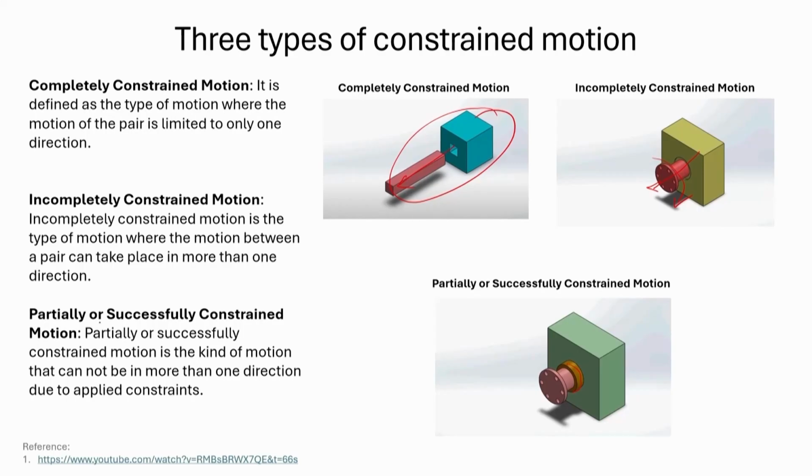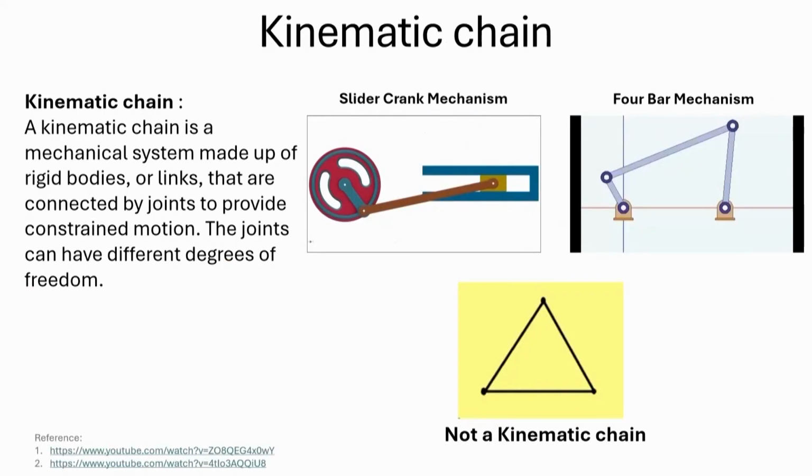So, these are called partially or successfully constrained motion. You can see a completely constrained motion, you can see an incompletely constrained motion where it can move as well as rotate, and here you can see only rotation, the movement is completely constrained.